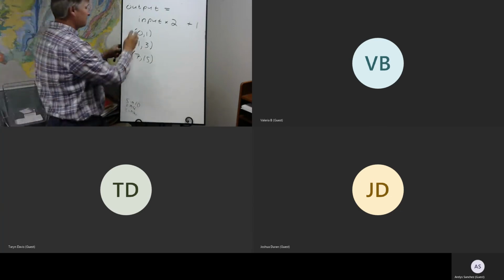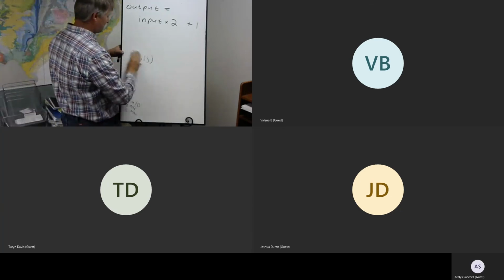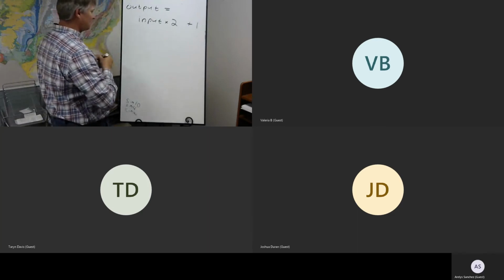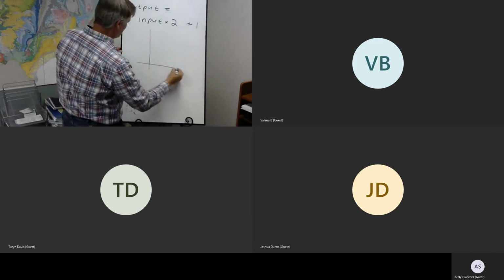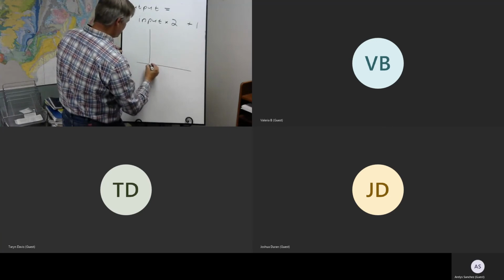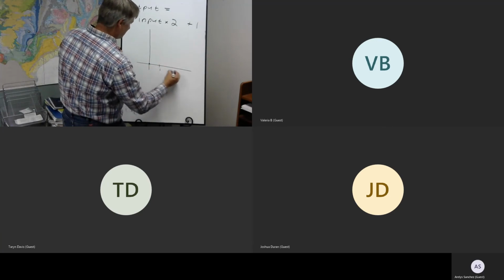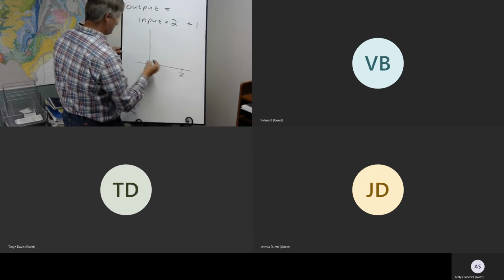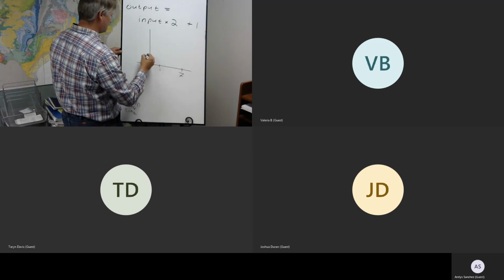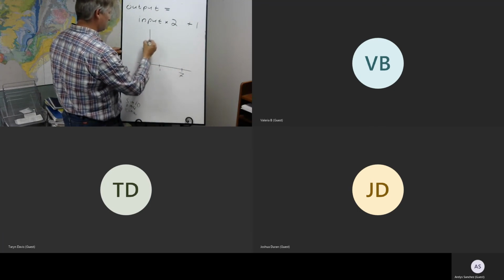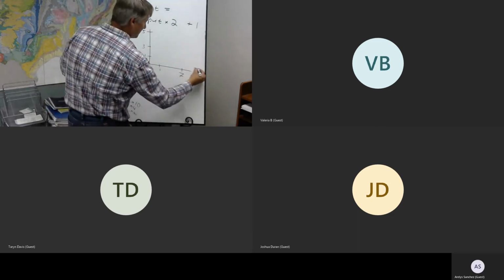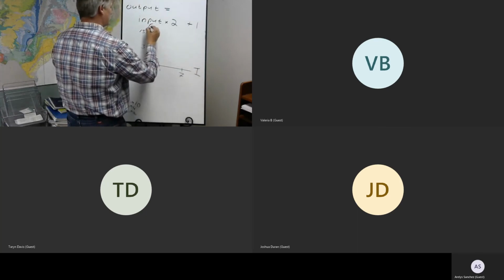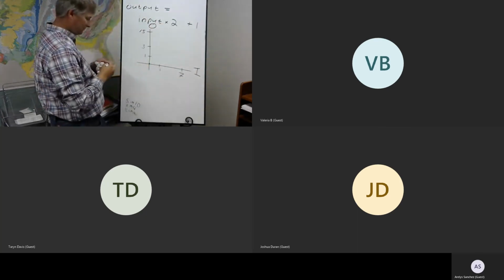Finally, we could graph this. And again, it's not really to scale. I'm going to call this my inputs axis. This is my outputs axis.